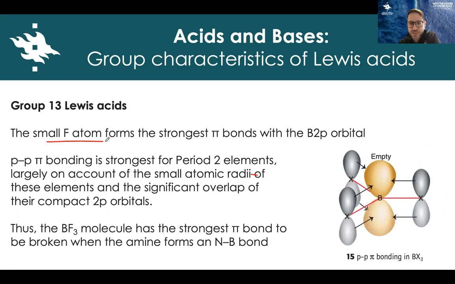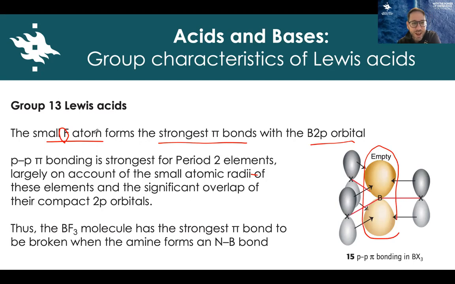And then because these atoms are in closer proximity to the beryllium atom, this enables the fluorine atom to form the strongest pi bonds with the empty orbital of the beryllium atom.